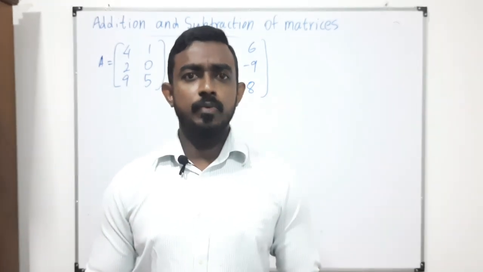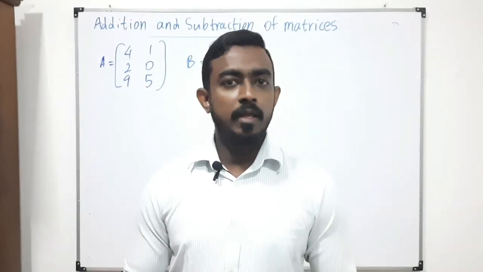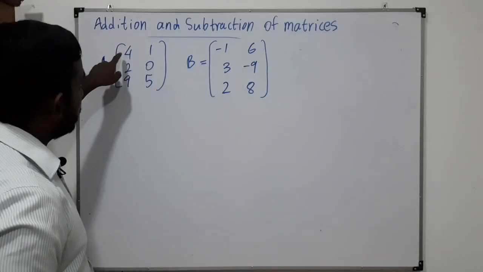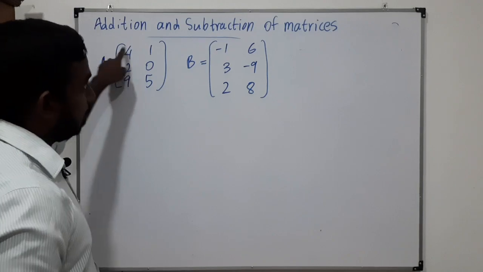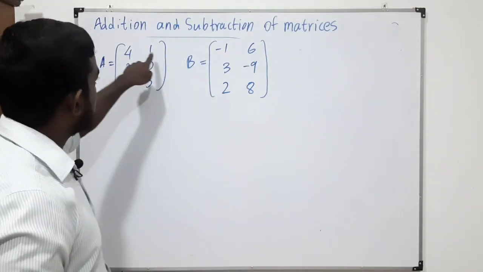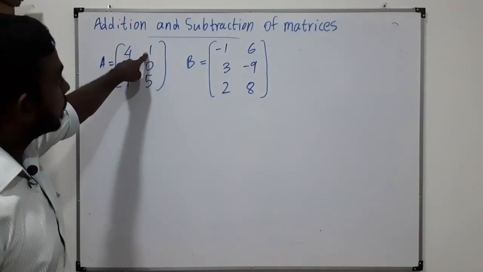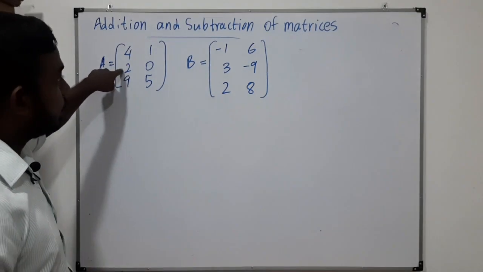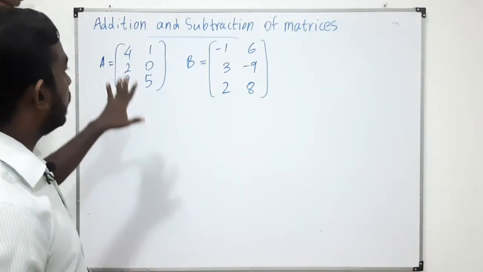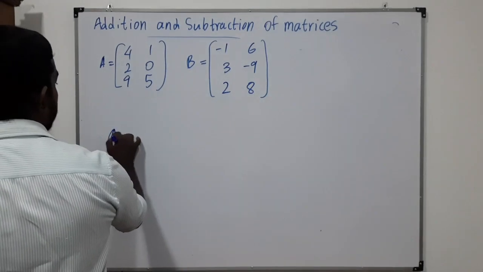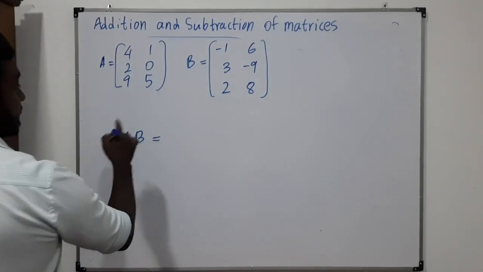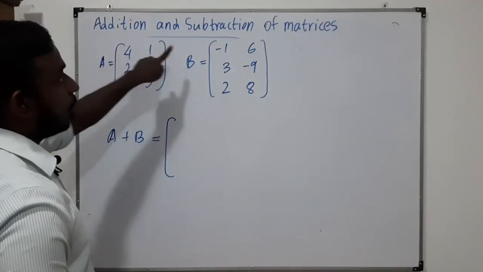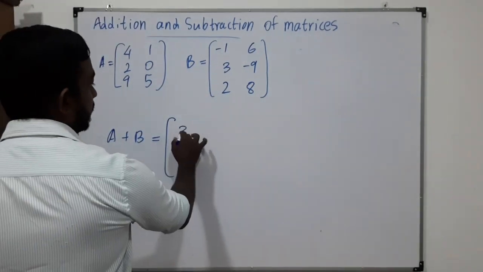They are very easy. You have to find the corresponding elements in these matrices. So here, what is the corresponding element for number 4 in B? That is -1. The corresponding element for number 1 is 6, and for 2 it is 3. So it's very easy. Now if we want to add A plus B, we have to add the corresponding elements. 4 add -1 will be 3.